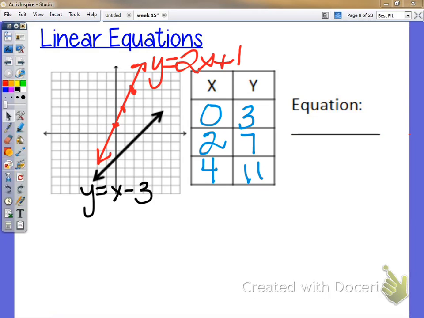Over 0, up 3 would be right there. Over 2, up 7 would go right to the edge of the graph, right? So can I plot 4, 11? Not on this graph. But can we still connect 2 points to make a line? Absolutely.